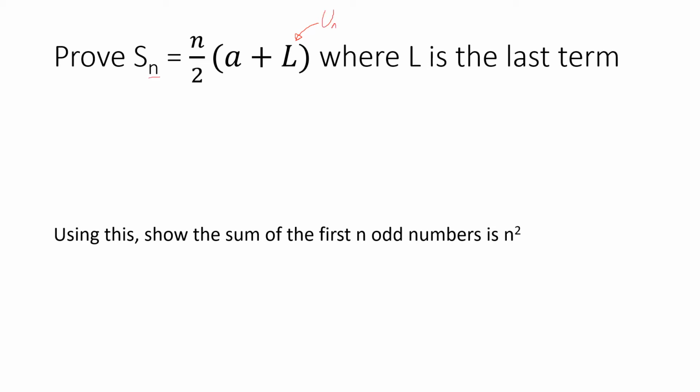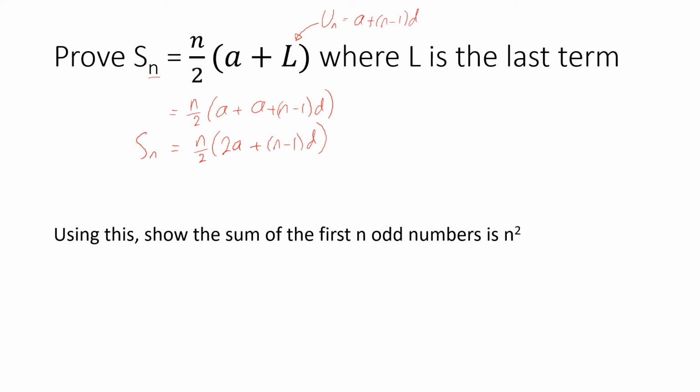So l is just another phrase for un here. So we could just as well replace it with a plus n minus 1 d. If we do that, we'll get a plus a plus n minus 1 d, and if we just tidy up those two a's together, we'll end up with exactly the same formula that we've been using for the last couple of slides.